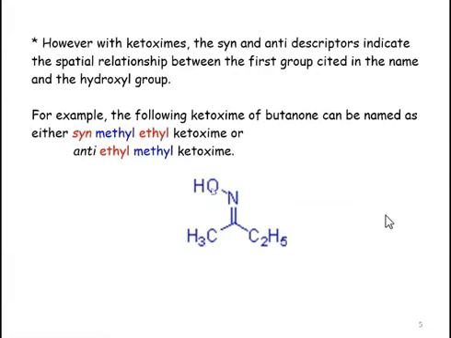Likewise, if in the description of the molecule the ethyl group is cited first, in that case the ethyl group and OH group lie opposite to each other, hence we will call the same thing anti-ketoxime. So it is dependent on the group which is cited first.